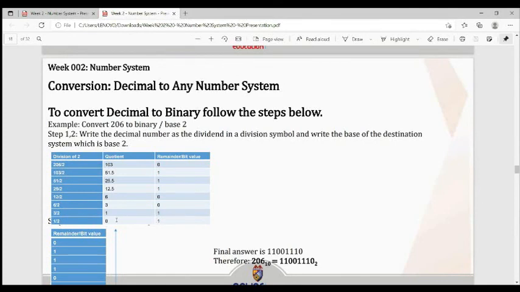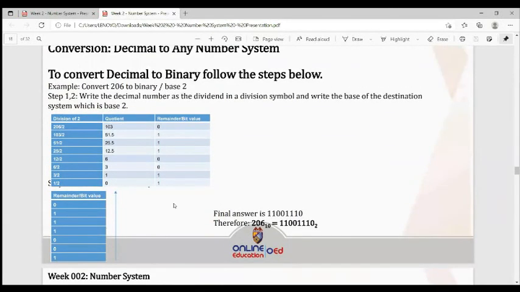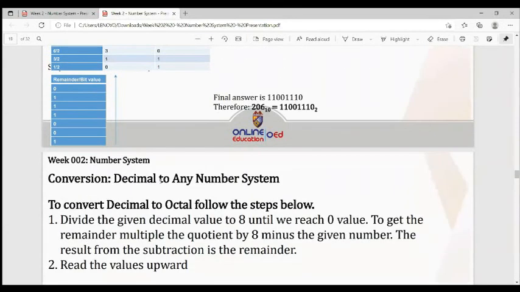So since 0 yan, if we're going to divide 0 by 2, ang sagot pa rin is 0. So after that, we will read the data from bottom to top. Okay, so we have 1, 1, 0, 0, 1, 1, 1, 0. So that is now the equivalent of decimal 206 to binary.